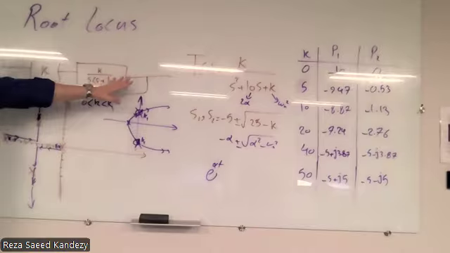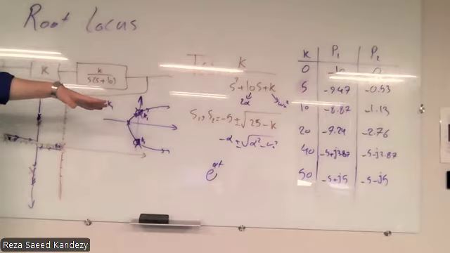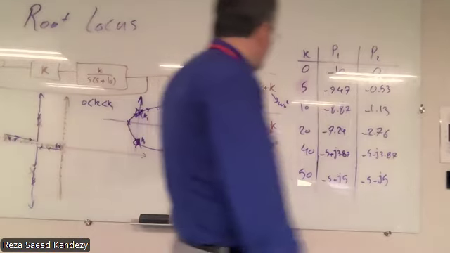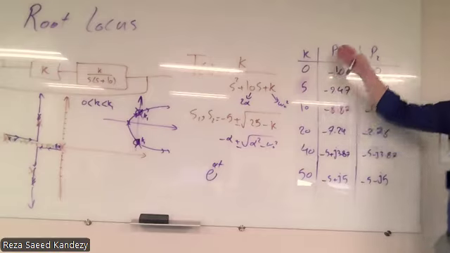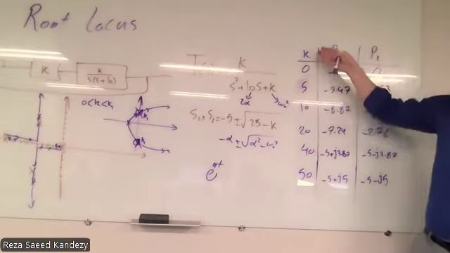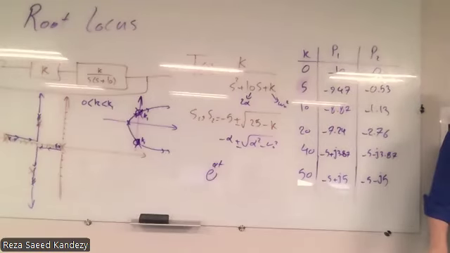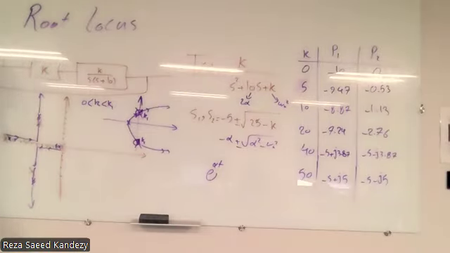So we ran the root locus definition over our example transfer function and solved for the poles. We saw that the poles depend on K, and we saw the trajectory of the poles if we change K. Based on the trajectory, we saw that we have a stable system.